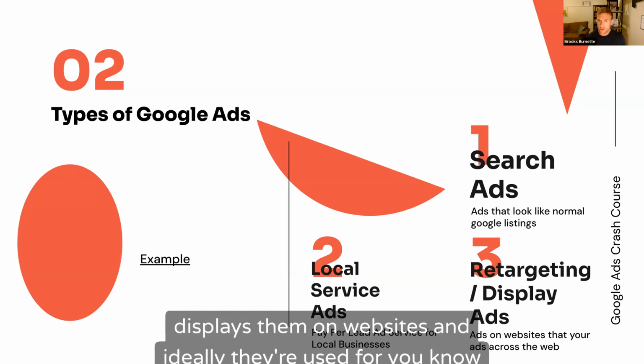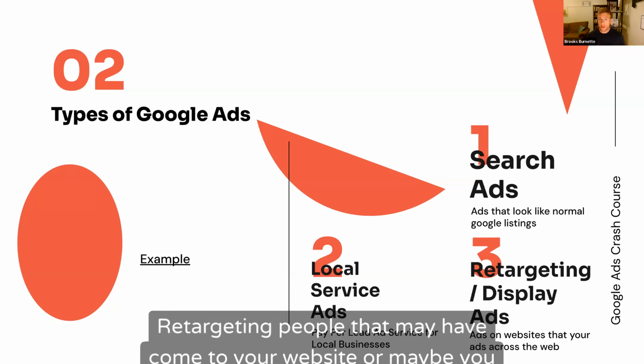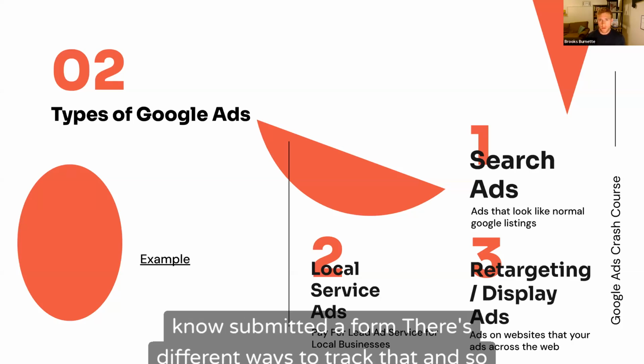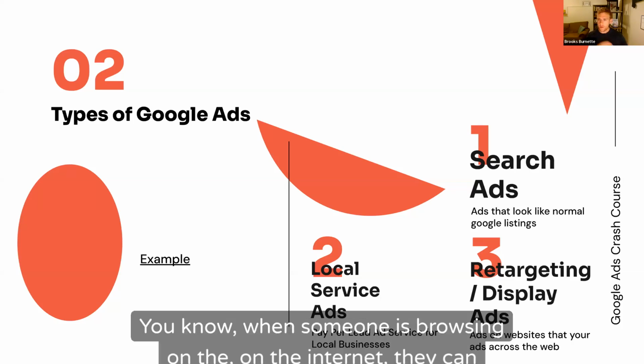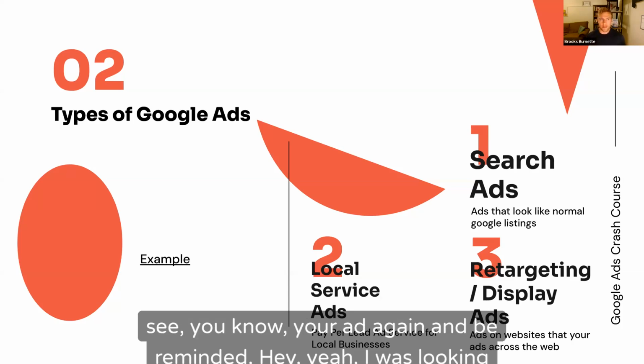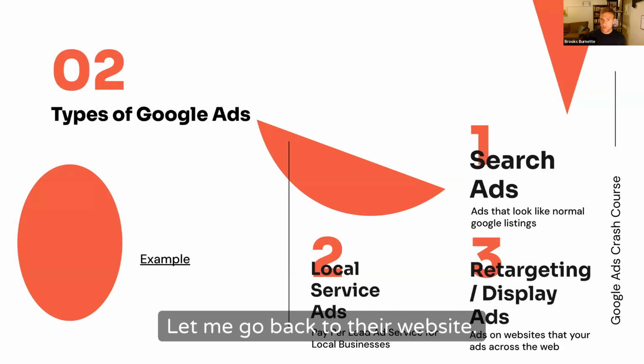And ideally, they're used for retargeting people that may have come to your website or maybe submitted a form. There's different ways to track that. And so when someone is browsing on the internet, they can see your ad again and be reminded, oh, hey, yeah, I was looking for a new bathroom. Let me go back to their website. So that's the idea behind that one.